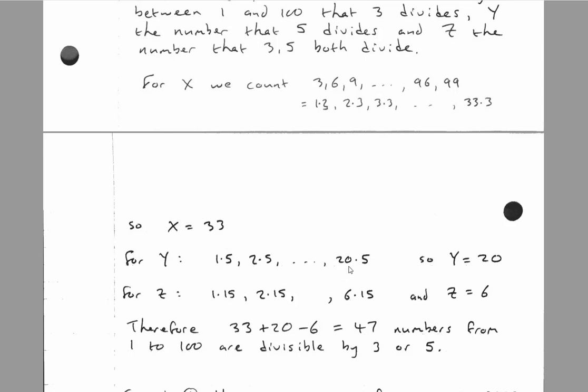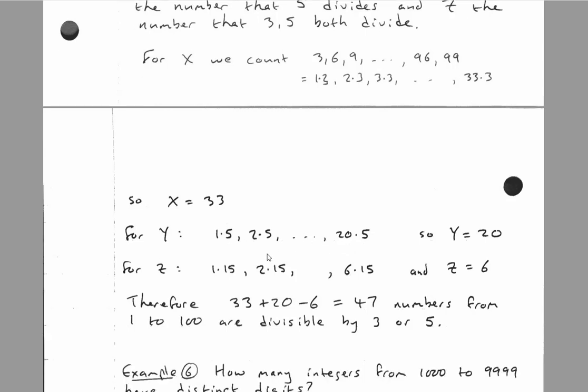How many of the numbers up to 100 does 5 divide? Those are the multiples of 5 in that range. There are 20 of those, so y is 20.